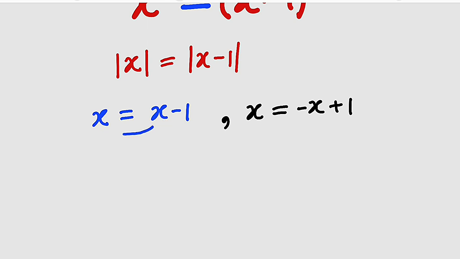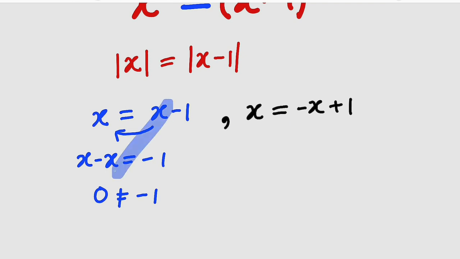If you bring x to the left hand side, you have x minus x equal to negative 1. x minus x is 0, equal to negative 1, which is not true. Therefore, we are going to discard this solution. Let's move to the other condition. If you bring this one to the left, it becomes positive. You have 2x, because x plus x is 2x, equal to positive 1.